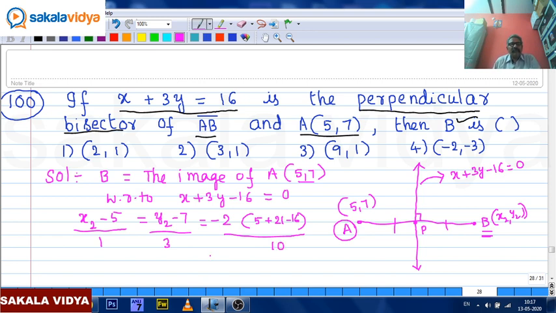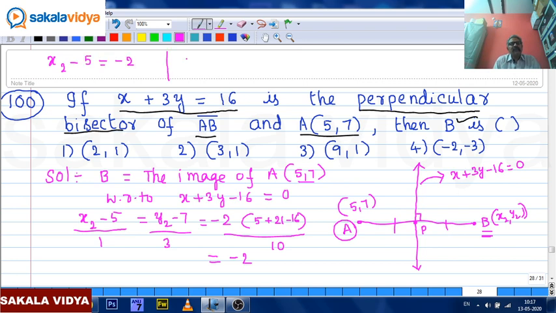So this equals 26 minus 16 is 10, this will be minus 2. So we get two equations. x2 minus 5 equals minus 2, one equation.